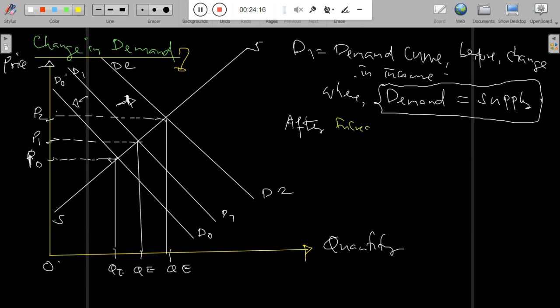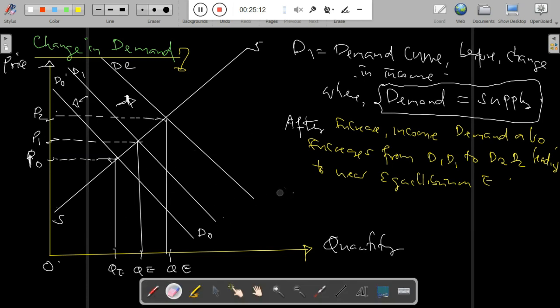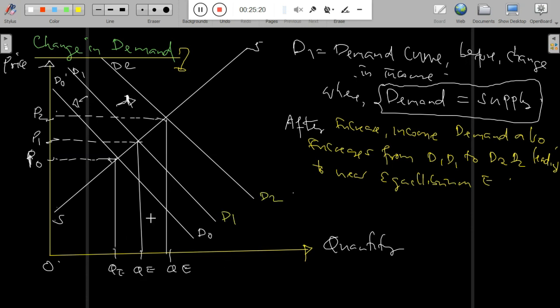This means that consumers have sufficient income to spend, so we expect the demand to increase from D0 to D1 to D2. And whenever there is a decrease in income, we expect the demand curve to shift from D2 to D1 to D0. So after the increase in income, demand increases from D1 to D2, and after the decrease of income, demand decreases from D2, D1 to D0.